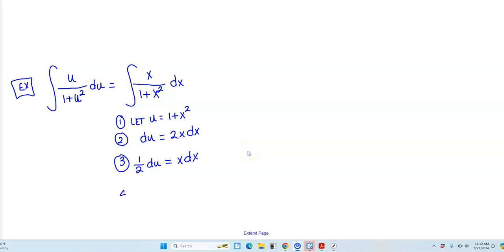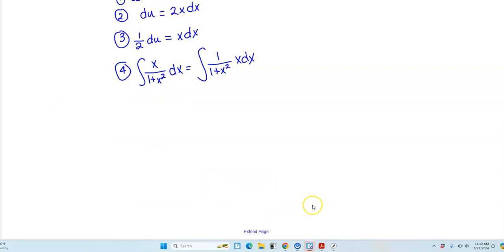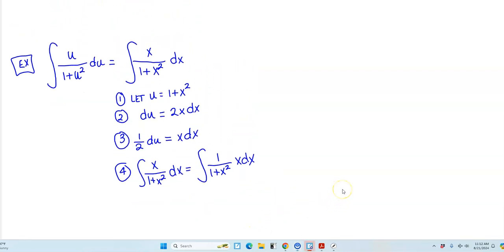In step 4, we would rewrite x over 1 plus x squared dx in the form of 1 over 1 plus x squared times x dx, and then do our substitution. So it's like a problem within itself.